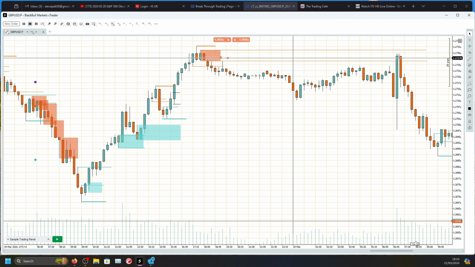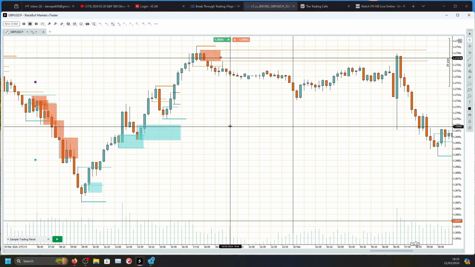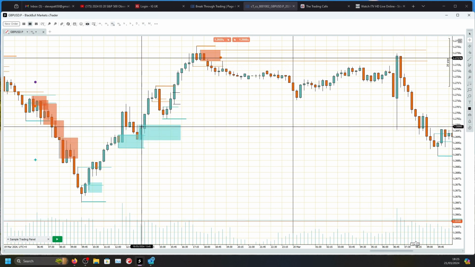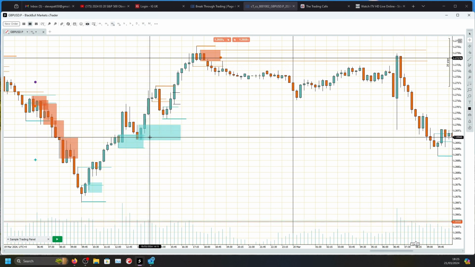And that's exactly what happened there. That push up. But of course, you can't rely on that happening every time, because there, look, price dropped down, and there's an unmitigated candle right there.